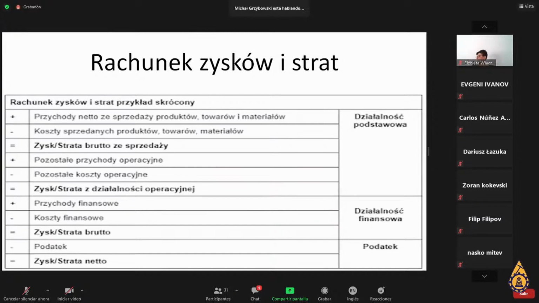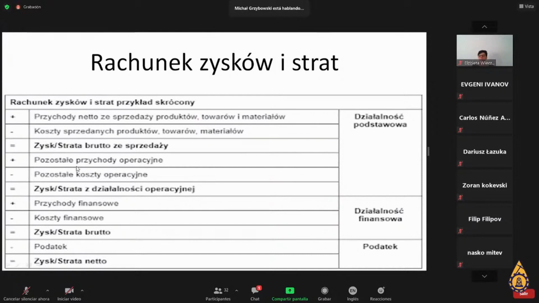Now, the related cost would be the cost of sold products, goods, and materials. So the cost of invoices received for the purchase of such goods for further resale. And then we have some other operating costs that I have already mentioned before. Here we have profit or loss on sales. This is gross profit or gross loss on sales.